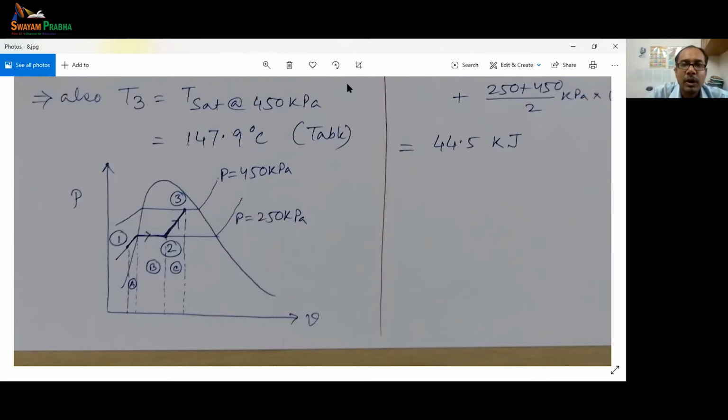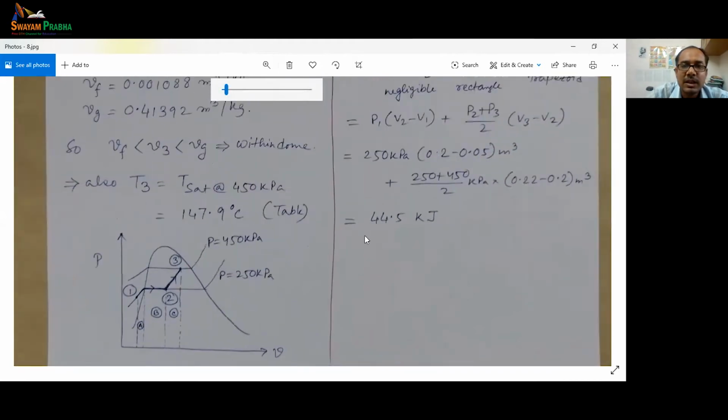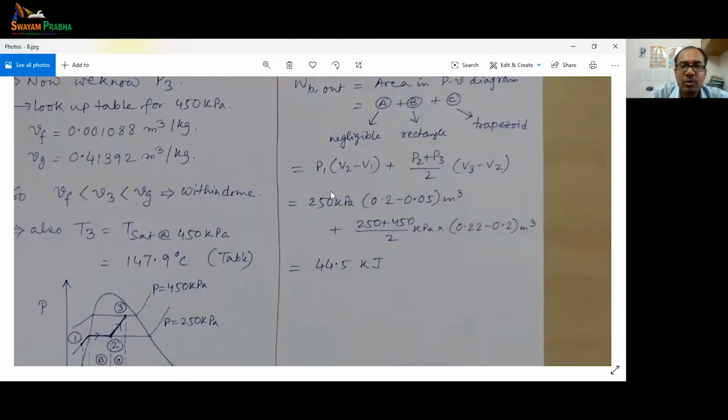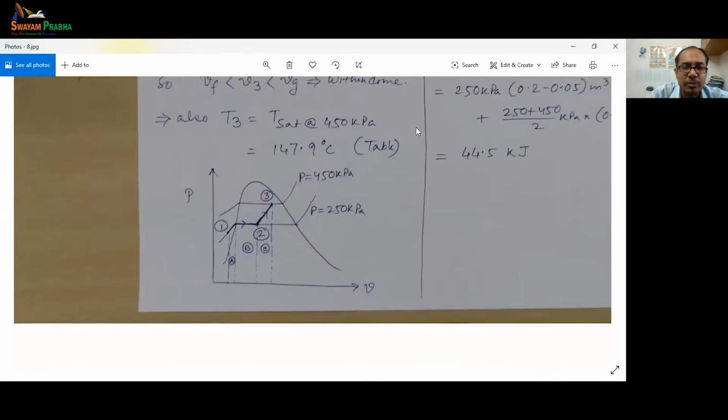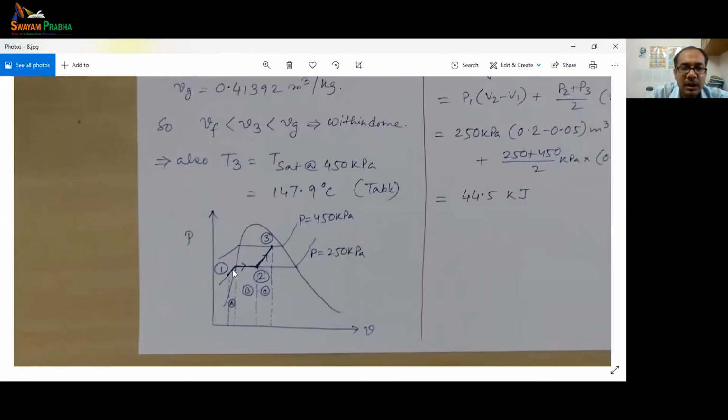Now if we actually look up the numbers, we'll see that this part A will be extremely small compared to parts B and C, because along the constant pressure line, the compressed liquid is basically at the same temperature, 25 degrees centigrade, so this value will be very small, negligible.